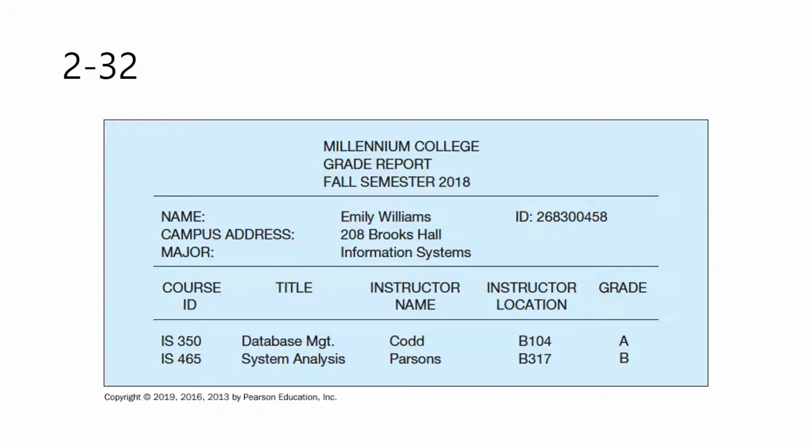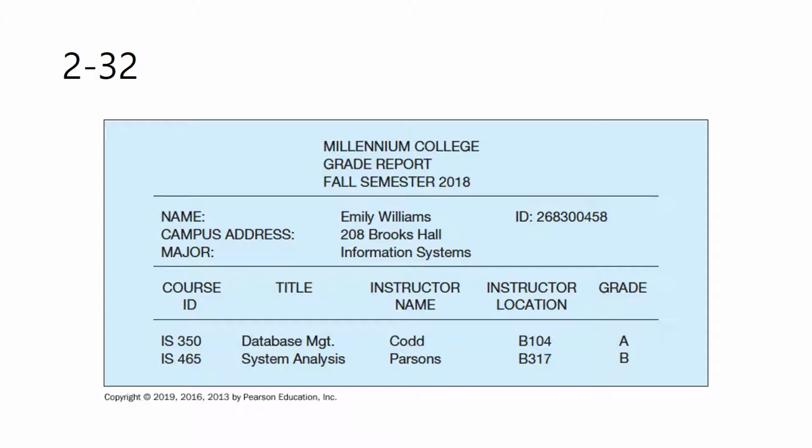In this figure, you can see this is Millennium College and this is the grade report, full semester, 2018 year. The name is Emily Williams, ID 268300458, campus address 208 Brooks Hall, major information system.